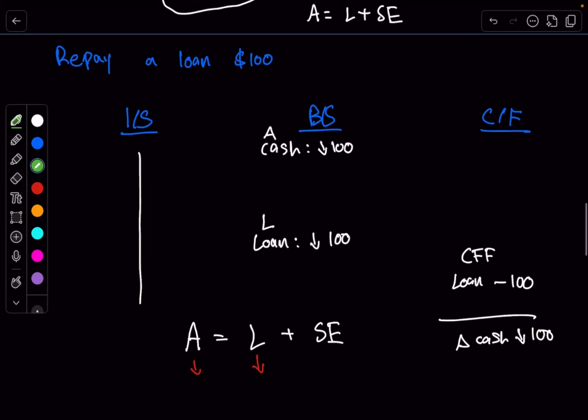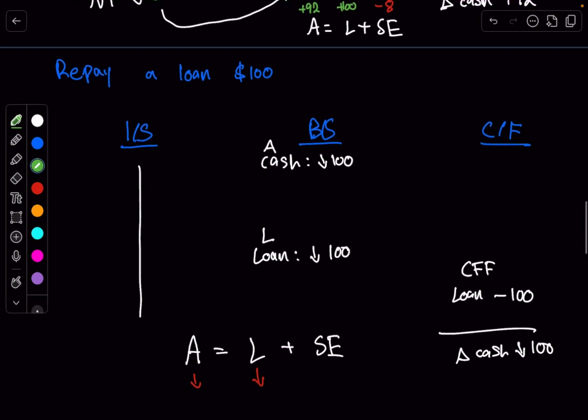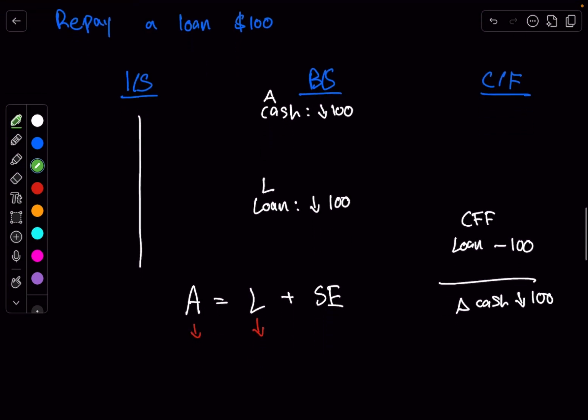So essentially that's kind of the majority of the questions that you will get when it comes to debt on the three financial statements. There is one more nuanced question that I will cover in probably the next series around essentially using $80 worth of cash to retire $100 worth of a loan, right?